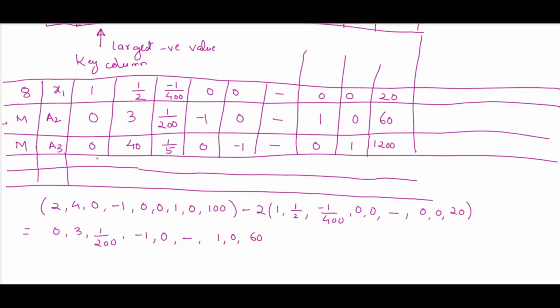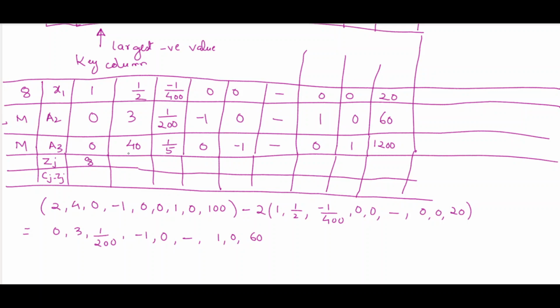So here it will be your Zj, here it is your Cj minus Zj. So Zj: multiply 1 into 8, 8, all zeros, so it is your 8.